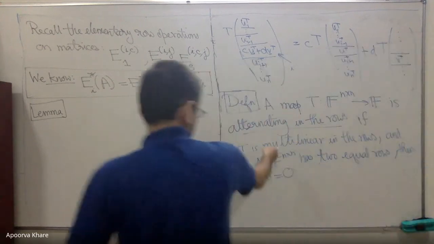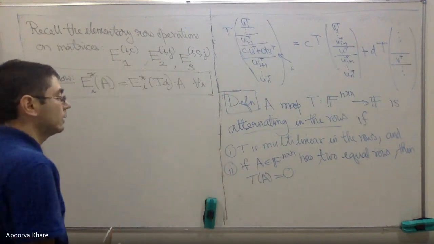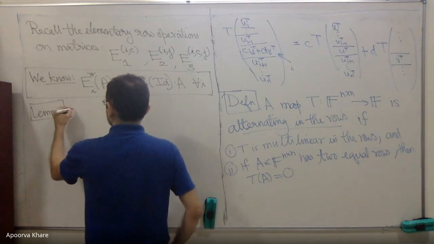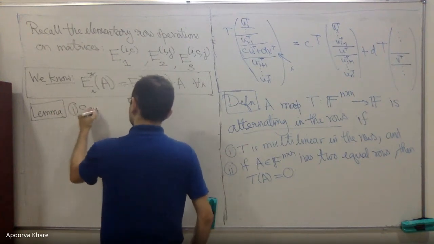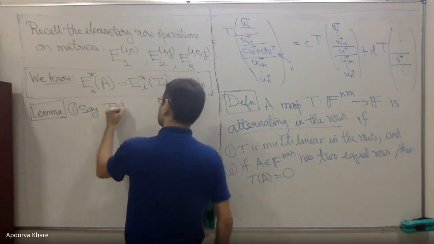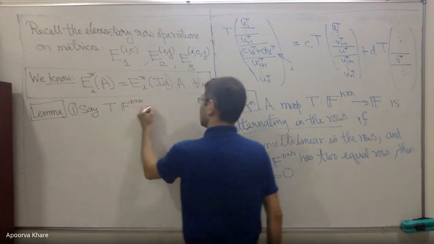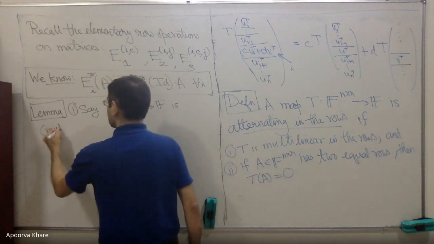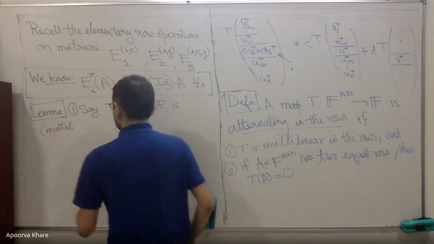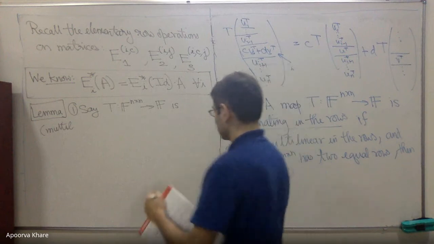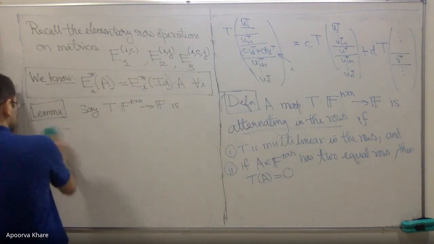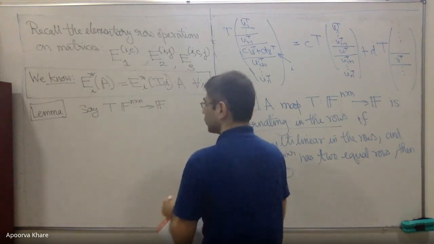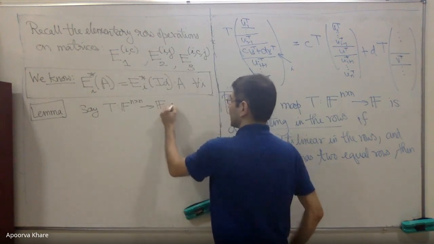Let's say the map is alternating, meaning also multilinear. Then it must satisfy that. So say T from F to the n cross n to F is, as I said, multilinear and alternating. First of all, this is not an assumption, this is not part one. Let's say this is multilinear. I'm going to skip the 'if' because I don't have space.